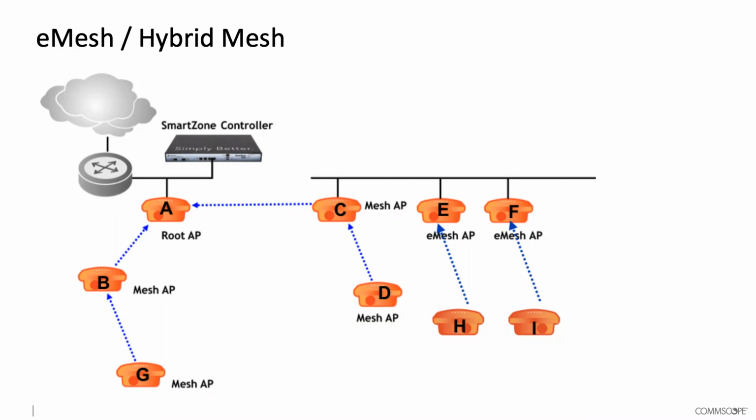But when we do something like eMesh, now those APs labeled E and F are connected to C via cable, and they can actually also act as mesh APs for other APs to mesh to, like you see H and I. H and I are connected to E and F. E and F do not need to be on the same channel as A and C, because that copper connection is there. And so we sometimes use this to get coverage down streets.